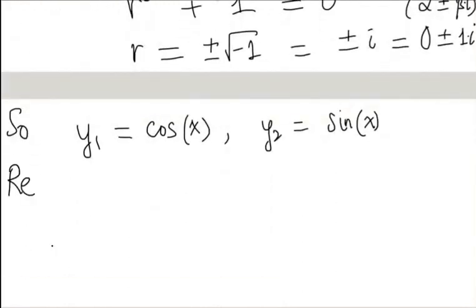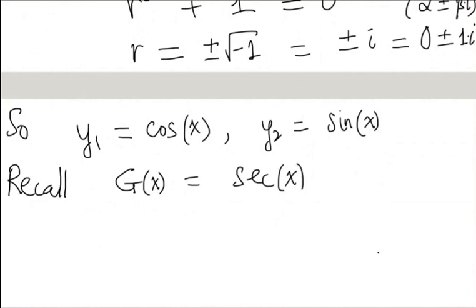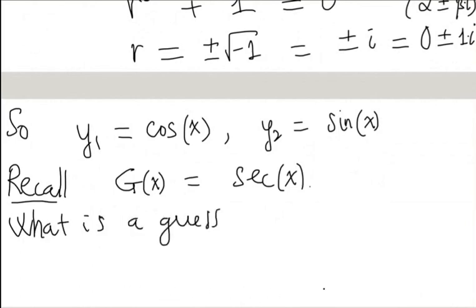Now, recall that our right-hand side, g of x, is secant of x. What is a guess for capital Y of x? Well, first of all, we haven't seen such a thing before in the previous topic.